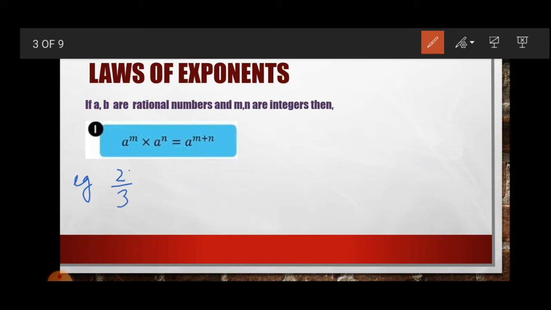2/3 raised to the power 4 into 2/3 raised to the power 5 is equal to, here the bases are 2/3 and 2/3. Bases are the same, powers are different.